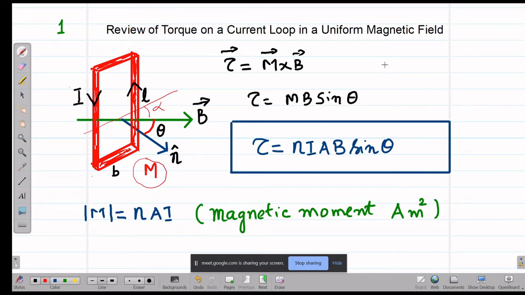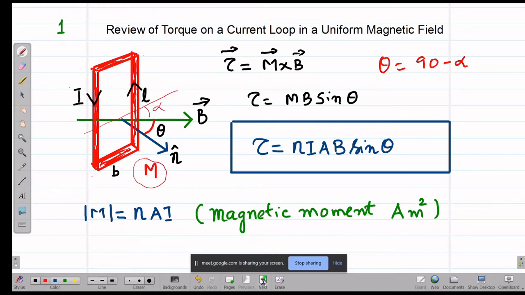Then how to get theta? We had told this in the last class. Theta would be equal to 90 minus alpha. Understood? Some response.